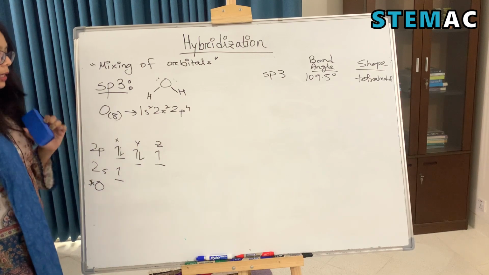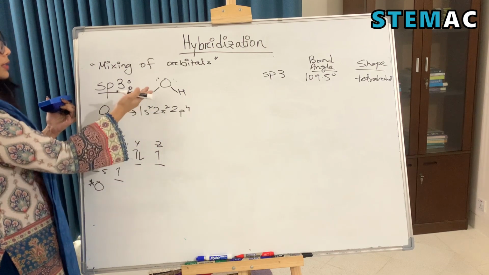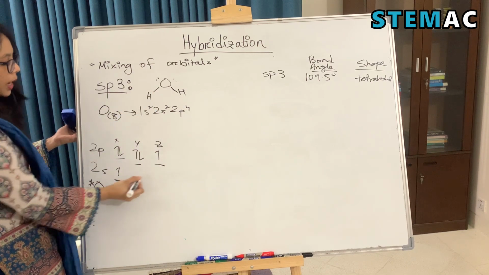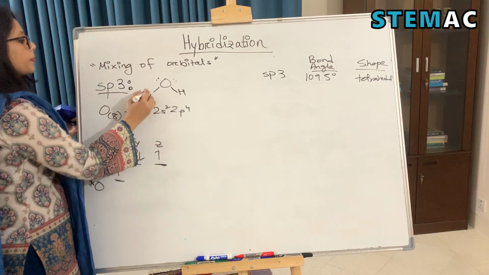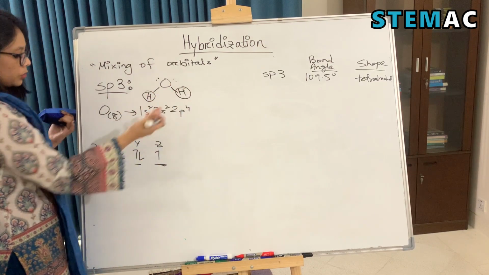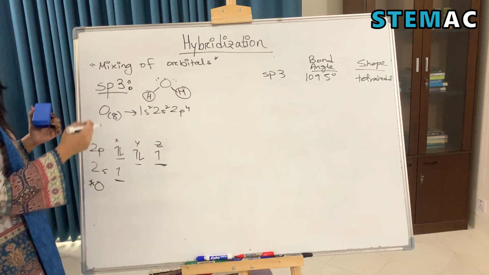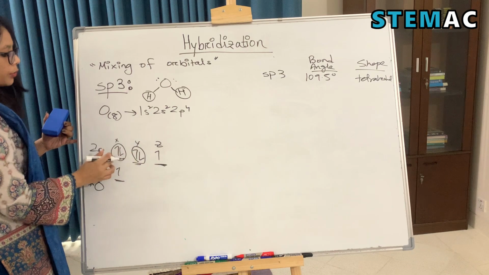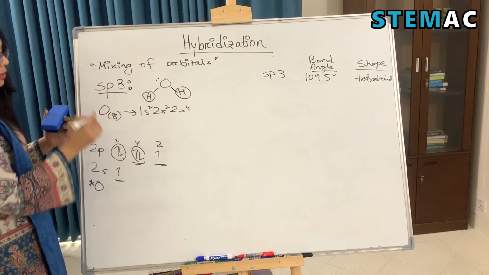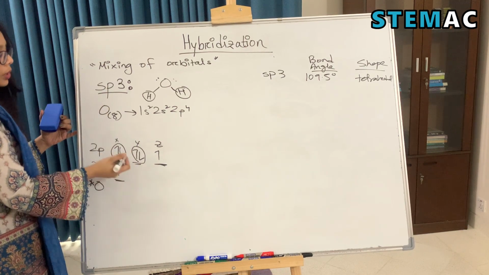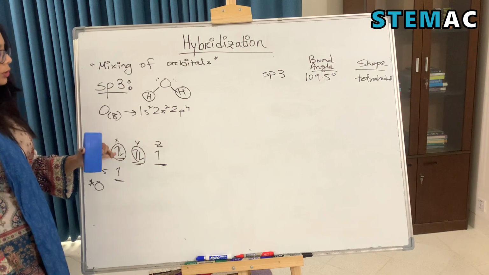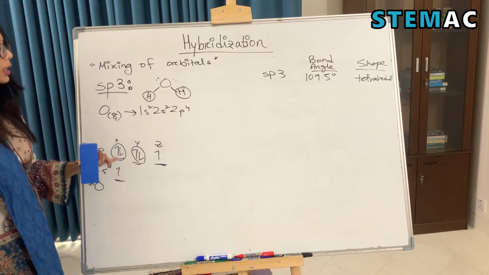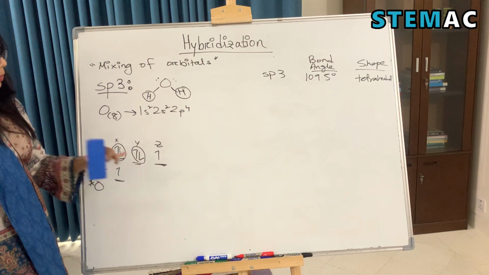So this actually explains the condition of oxygen in here. With these 2 orbitals, they are forming covalent bonds with hydrogen, and the other 2 orbitals are fulfilled because each orbital has a maximum electron capacity of 2. So these 2 orbitals cannot take part in bonding because they have the maximum number of electrons.